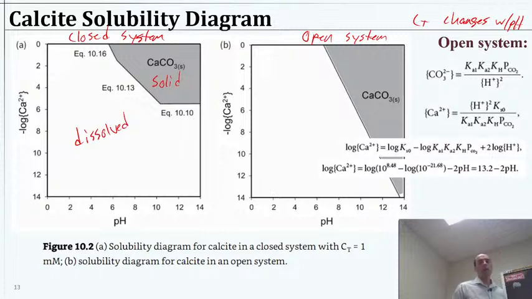So we could go back and look through our notes and find that we can have a carbonate concentration, CO3 2-, as a function of the different Ka values and the partial pressure of CO2.